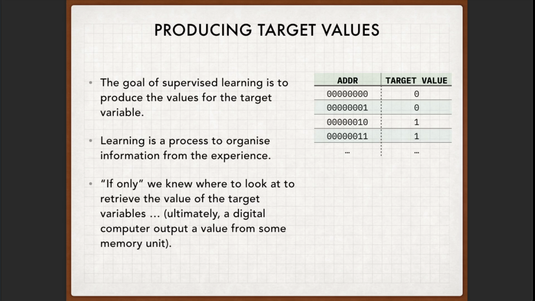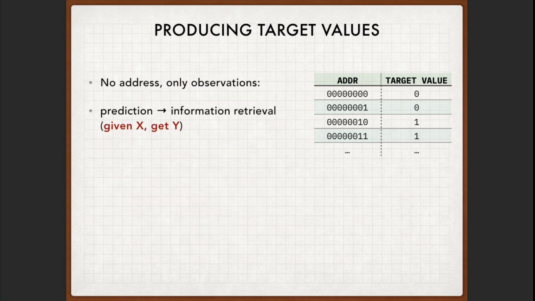Say, if we know down to the earth, the memory address in a digital computer where the desired target value is stored, then we can retrieve the particular value and output it. That is, of course, not addressing the challenge we are facing, because we do not know which target value we need to produce.